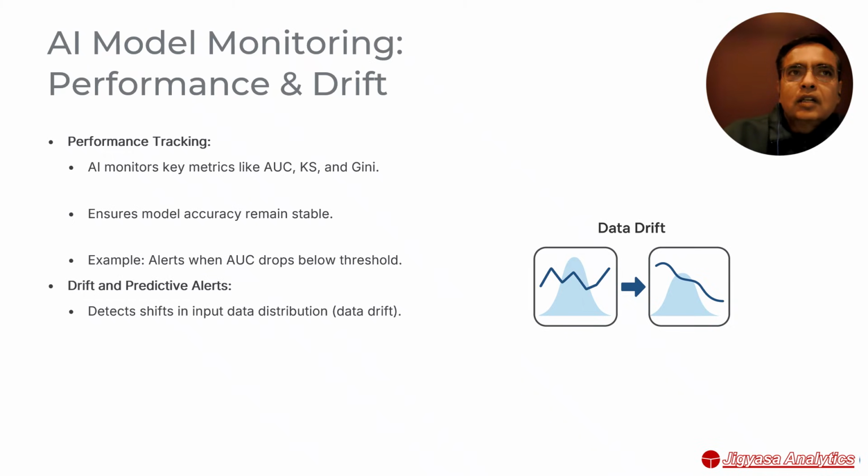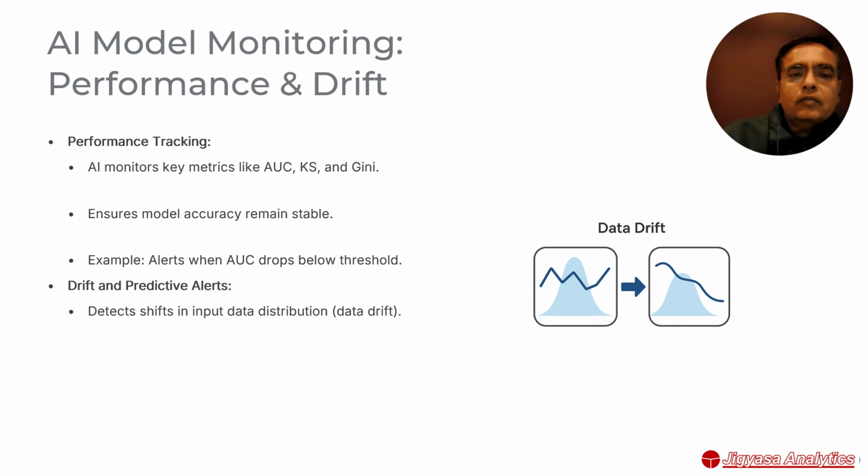Things are different, and you have to check for data drift, because the model assumed a certain distribution, and if the data has drifted too far apart, the model will not do as well.